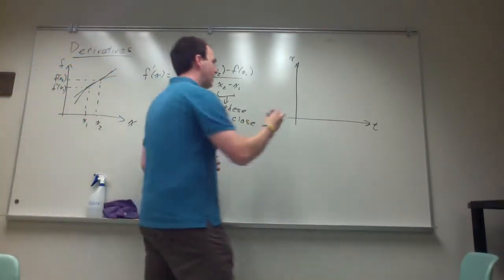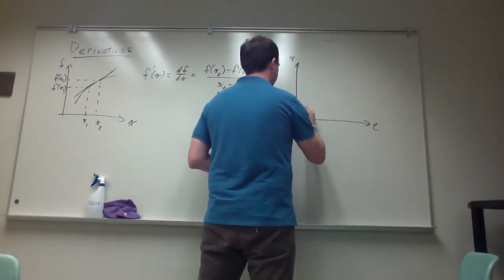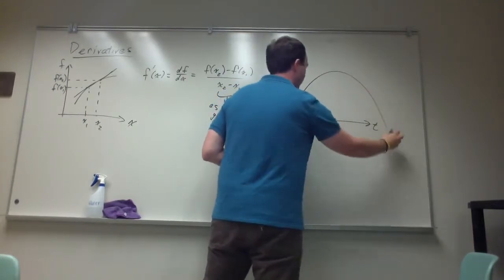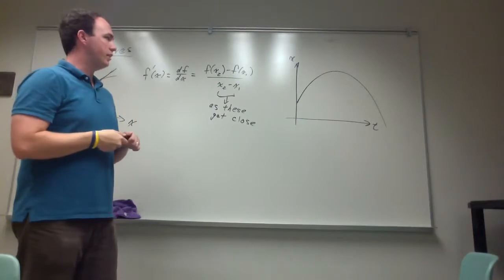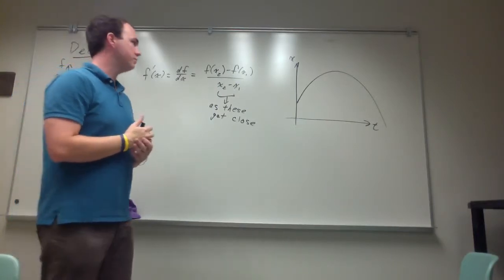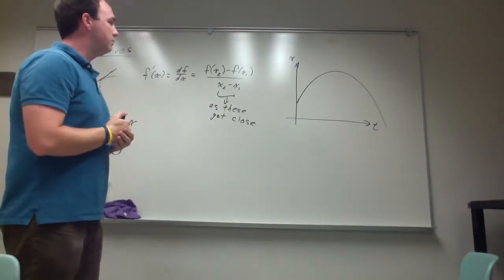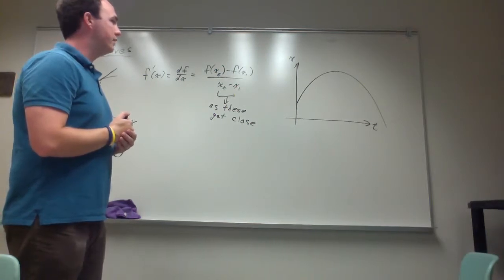Right? So if we have position as a function of time, so like to pick an example that we are working on, the position with a constant negative acceleration, we get this kind of shape.